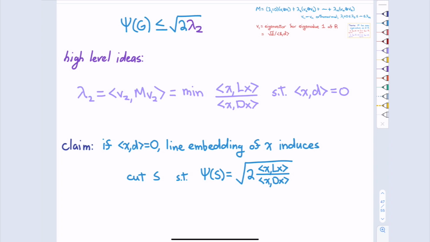That's the claim we're going to prove. If x is orthogonal to D, then we can find some cut with conductance related to what's called the Rayleigh ratio. For us, that's just lambda 2. I'll probably just assume x is that second eigenvector for the rest of the lecture.